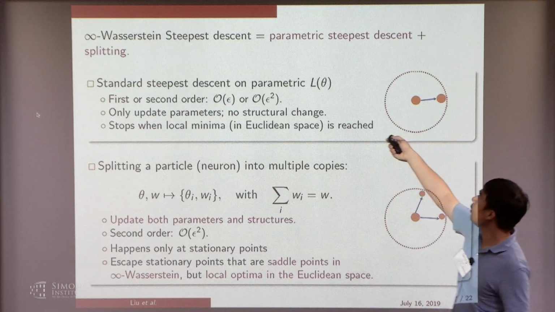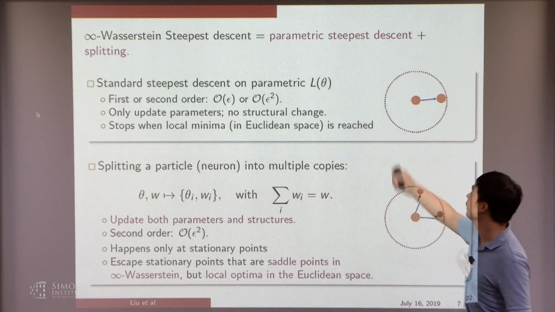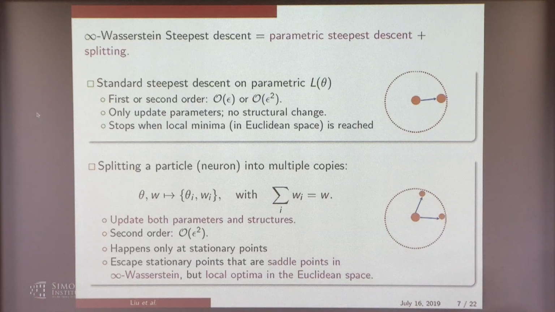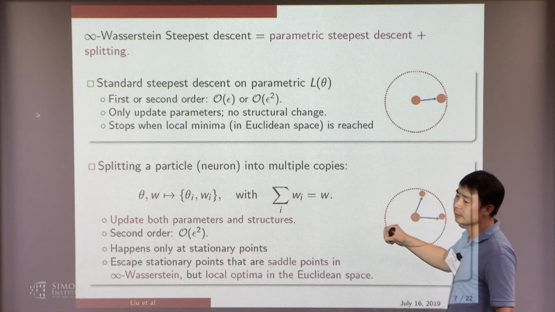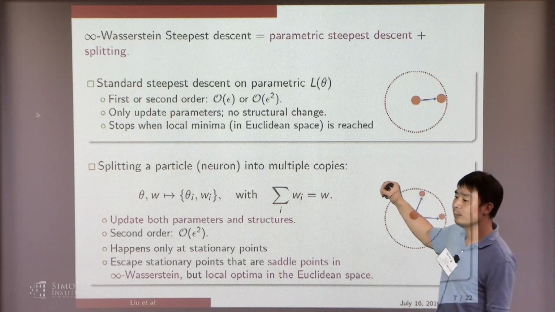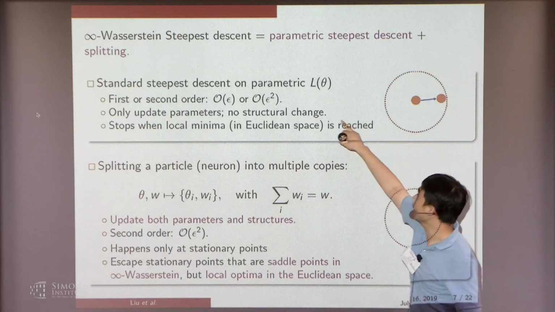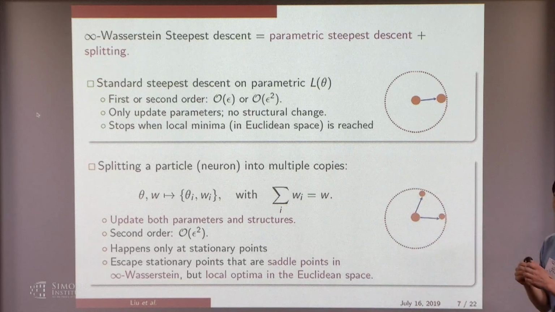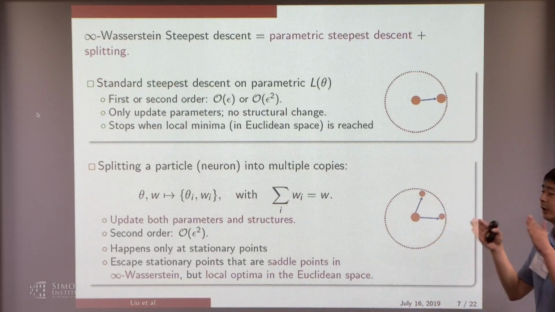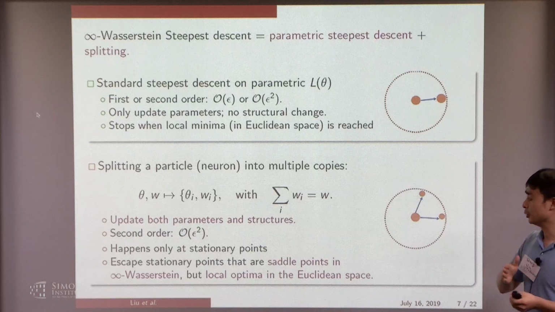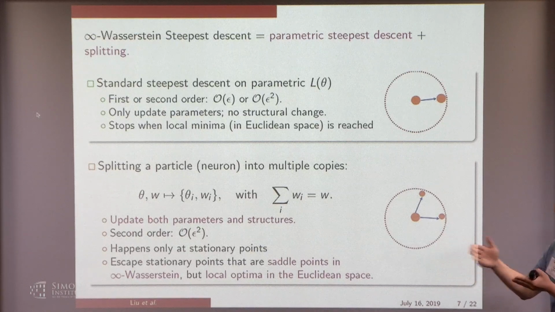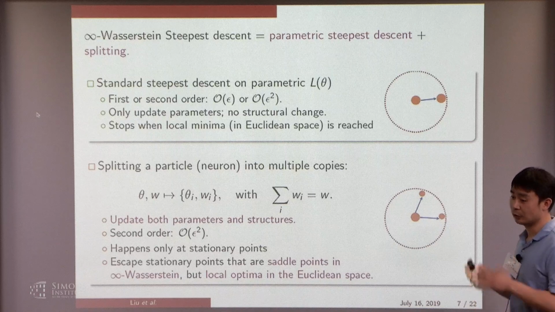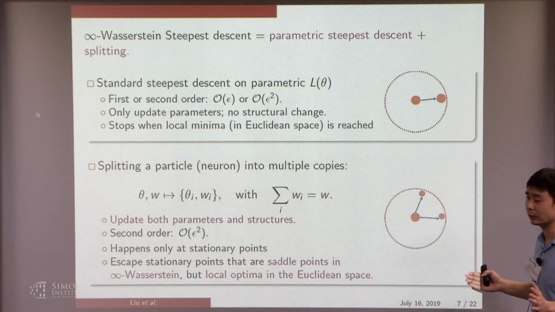One is that it obviously contains parametric steepest descent. What it means is that at the non-stationary points, we are going to update the parameters just by minimizing the parametric loss without introducing changes over the structures. Let's say you have n particles originally, we will just keep the n particles and just update each particle using gradient descent. So this is a standard gradient descent without structural change.